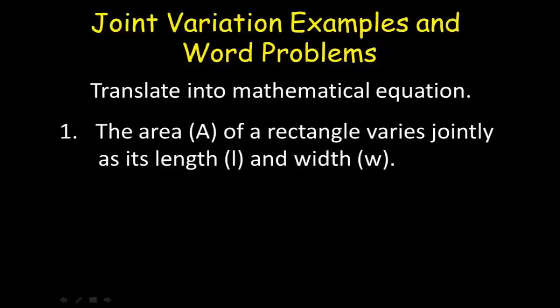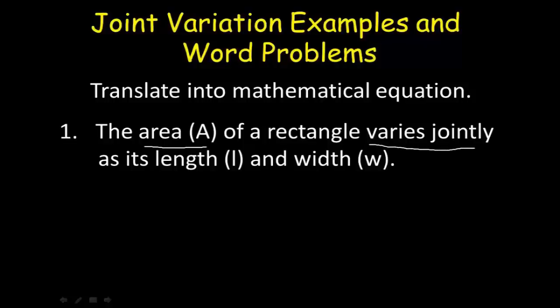Translate into mathematical equation. Problem number 1. The area, or A, of a rectangle varies jointly as its length L and width. We are now going to translate real-life variables into a mathematical equation. So our first, the area A, varies jointly.